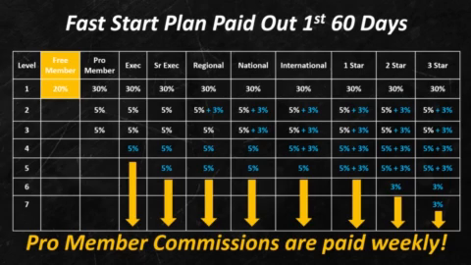Now, once you reach executive director, you're going to get another 5% on level 4 and below. When you reach senior executive, you're going to pick up another 5% on level 5 and below. So that actually has the potential to allow you to earn up to 10% on all of the commissionable volume on level 5 and below, because all of the blue numbers that you see on your screen right now, these are infinity bonuses, okay?